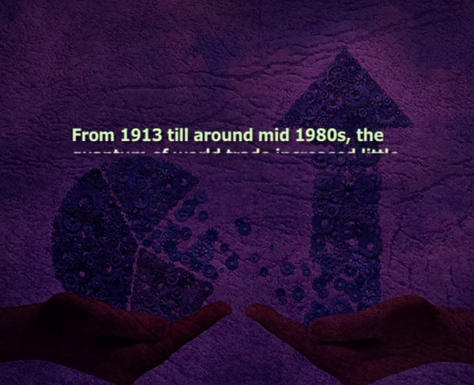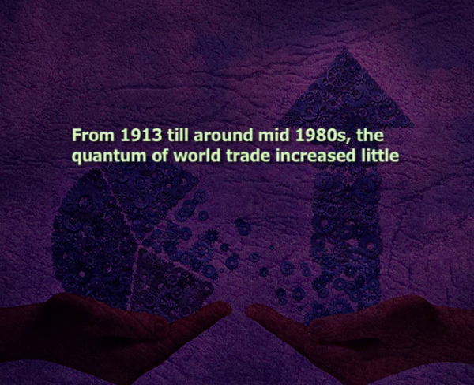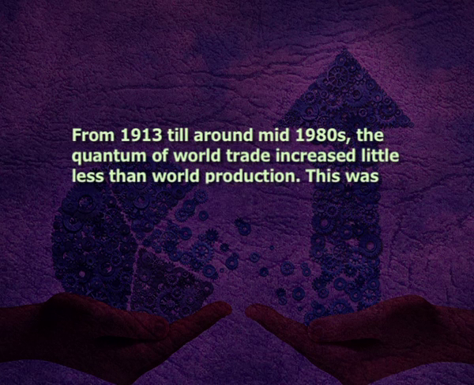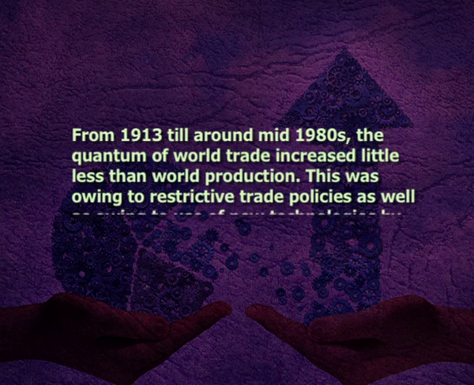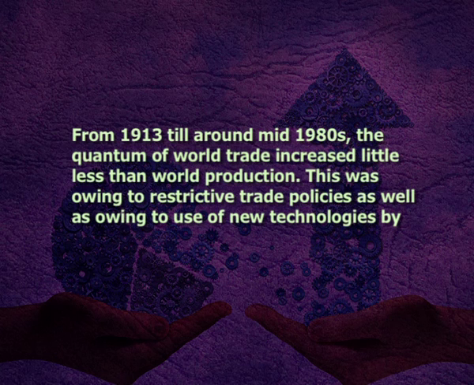From 1913 till around the mid 1980s, the quantum of world trade increased a little less than world production. This was owing to restrictive trade policies as well as the use of new technologies by the developed world. The terms of trade significantly moved in favor of developed countries. Between 1913 and 1950, Europe's terms of trade improved 55% against the poorer countries.